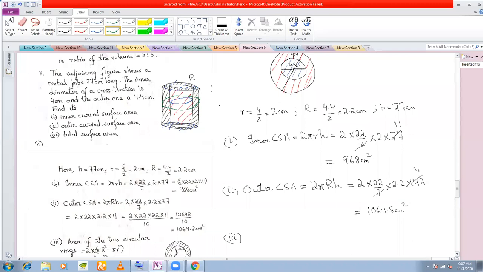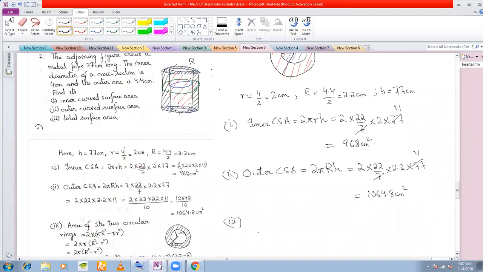So what should be the total surface area of the hollow cylinder? The outer curved surface area plus the inner curved surface area plus 2 into the area of the concentric circle, because there are two concentric circles, one on top and the other below. The concentric circle means circular ring.